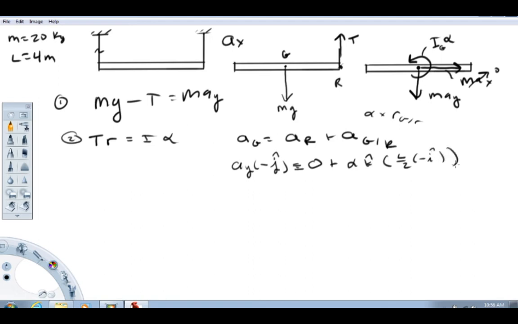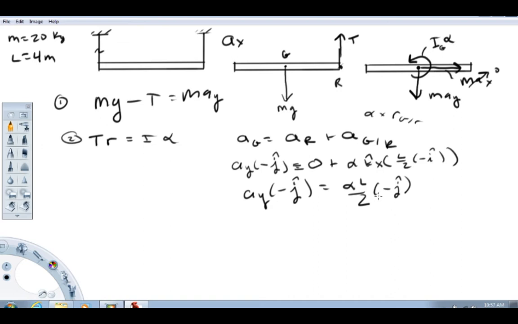So the left-hand side is a_y times minus j, and the right-hand side can be written alpha L over 2, k cross minus i hat. In a standard XYZ coming right at us, k cross minus i hat is minus j.